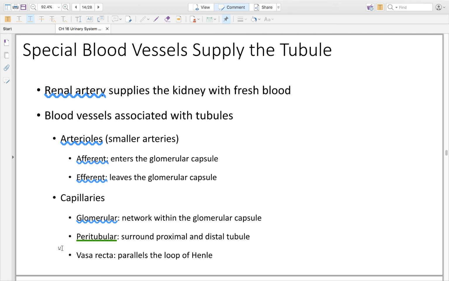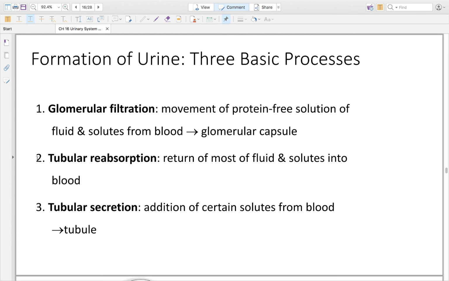Okay, the peritubular network is a capillary network that surrounds the proximal and distal tubules. Okay, so it has a big role. And then we have another capillary network called the vasa recta, which runs parallel to the loop of Henle. Okay, so these are all of the blood vessels associated.